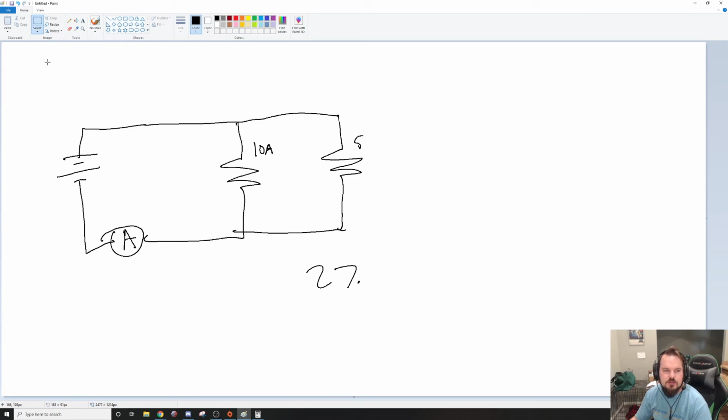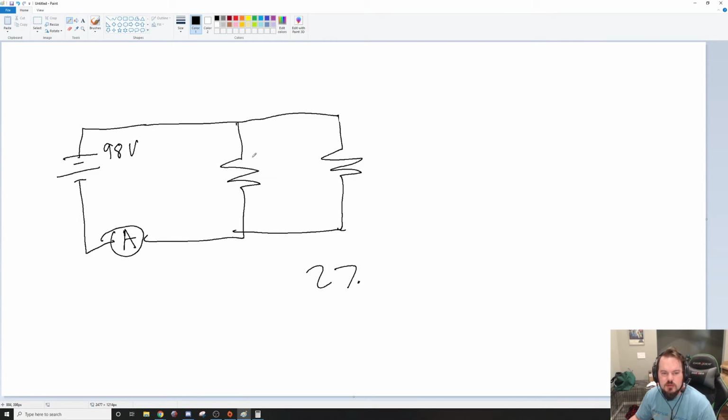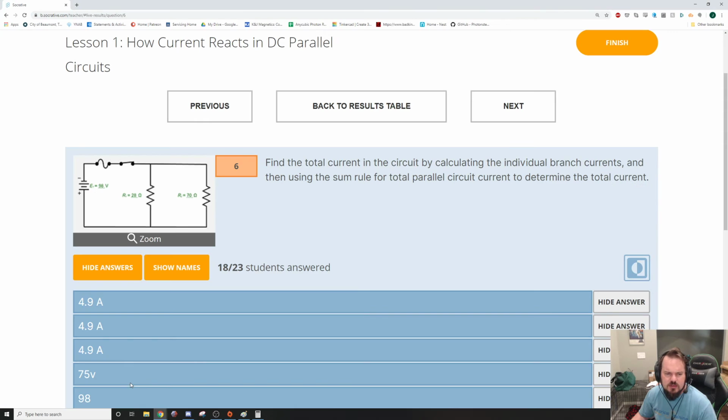Alright, so we got 98 volts, 28 and 70. Was it 70 or 7? 70.